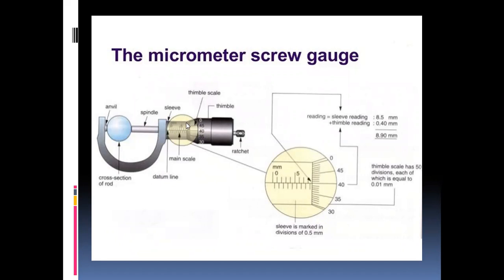So to make you understand better, I magnified the view. Look at this figure. First of all, you will find the main scale reading. This is 5, 6, 7, 8, and 8.5. This is the main scale reading or the sleeve reading, which is equal to 8.5 millimeters.